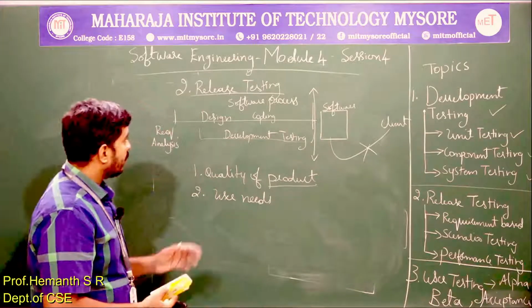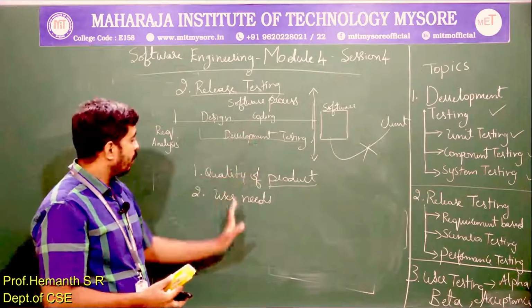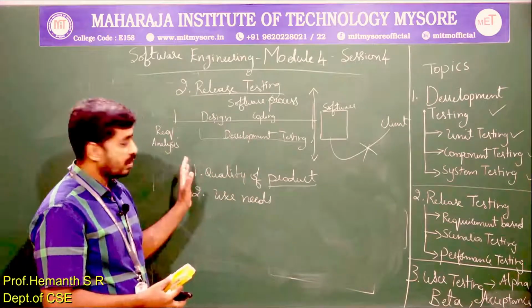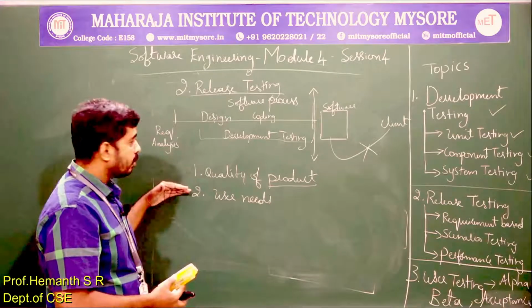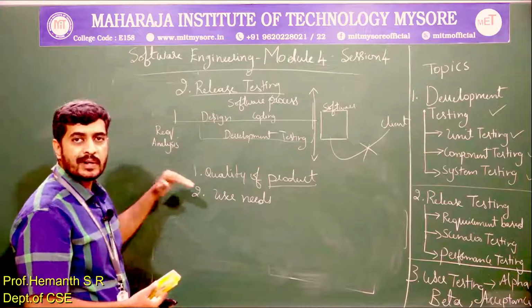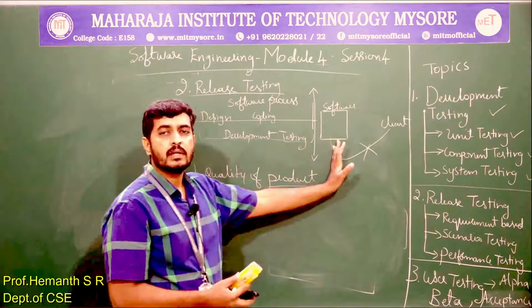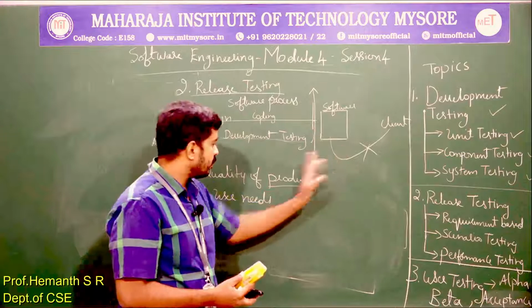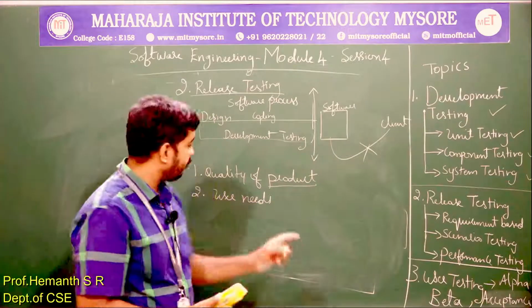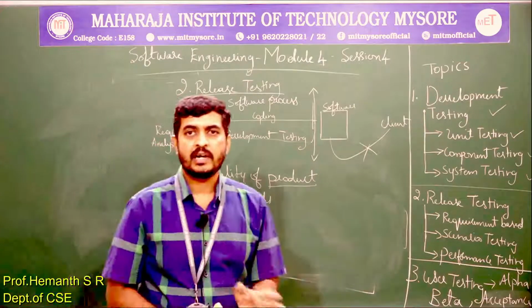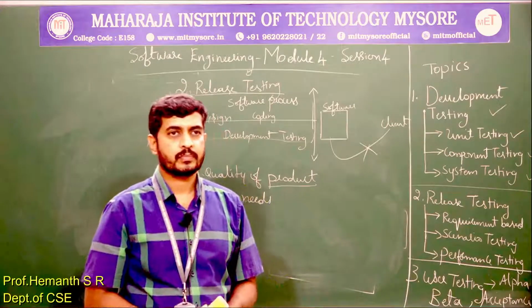So the release testing team will go through this SRS once again and study whether all the requirements are part of the almost complete software. Because if the client has given some requirement and it is missing, definitely it will not be acceptable.